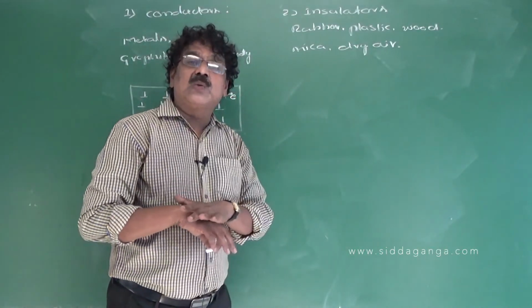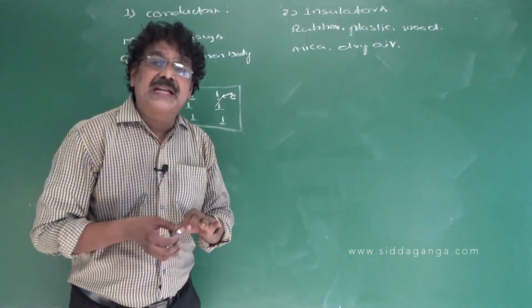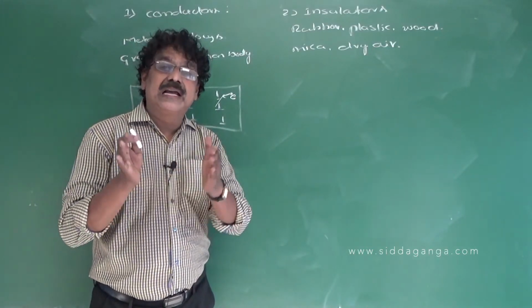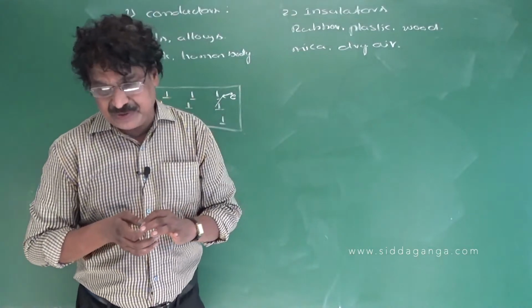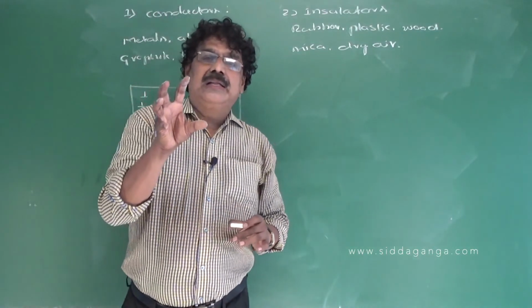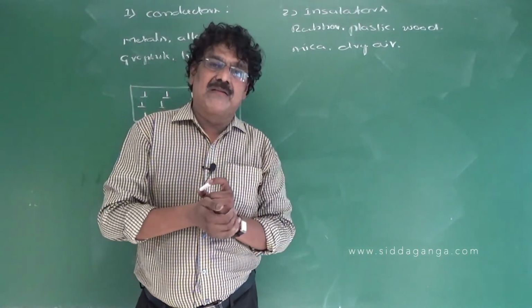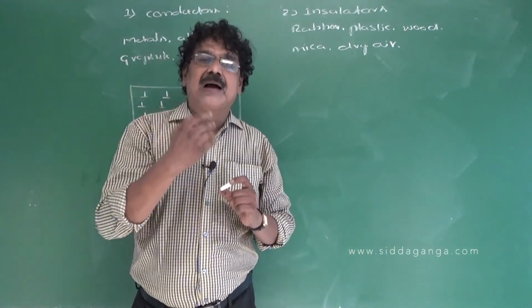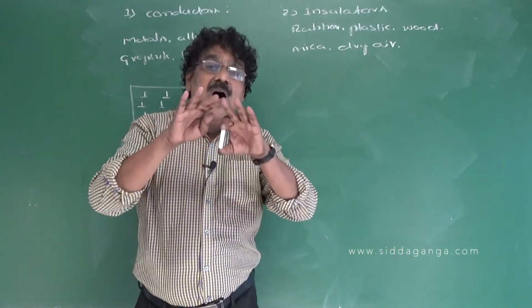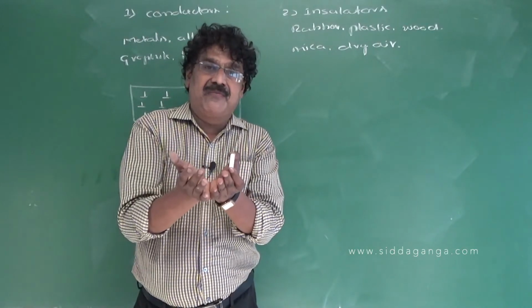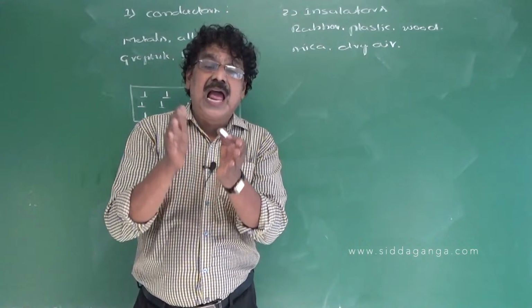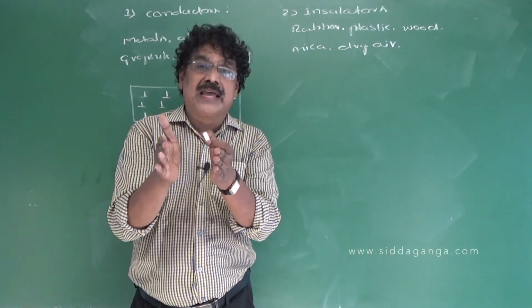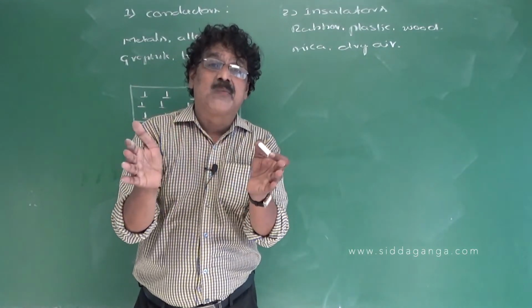Now the question is, why do insulators not allow electric charges to pass through them? In insulators, the valence shell is either completely filled or half filled. Therefore, the electrons are tightly bound to the nucleus and no electron escapes from the atom.